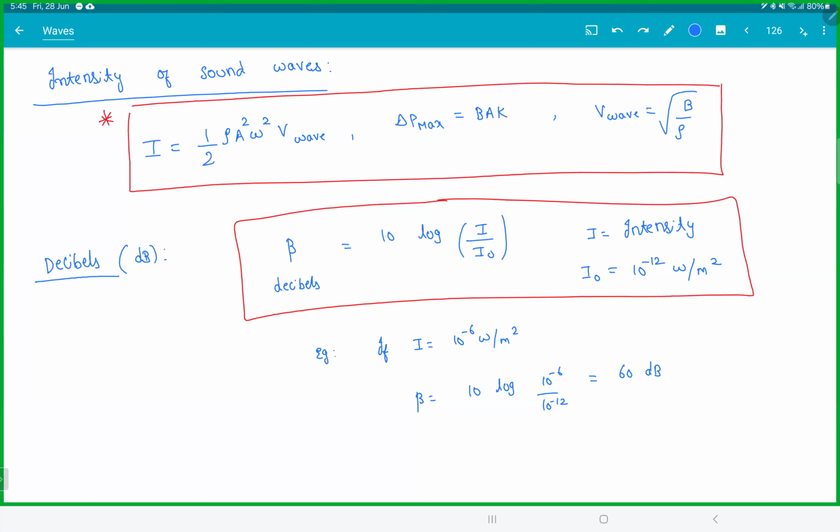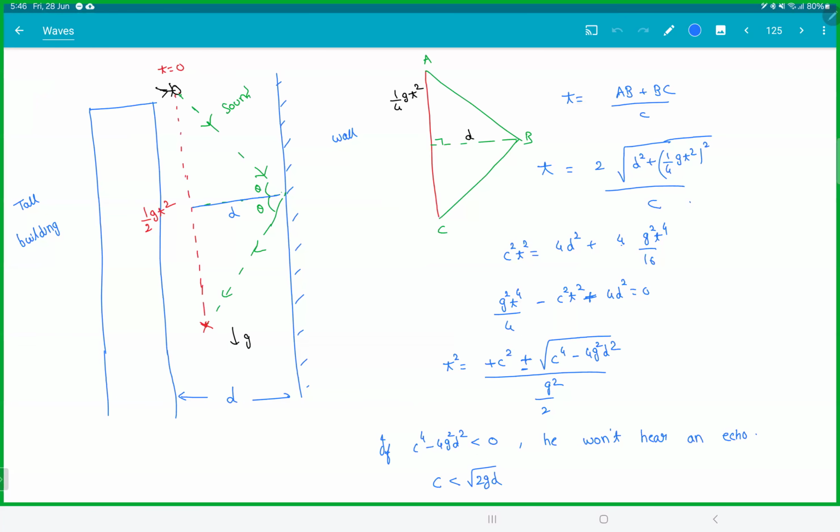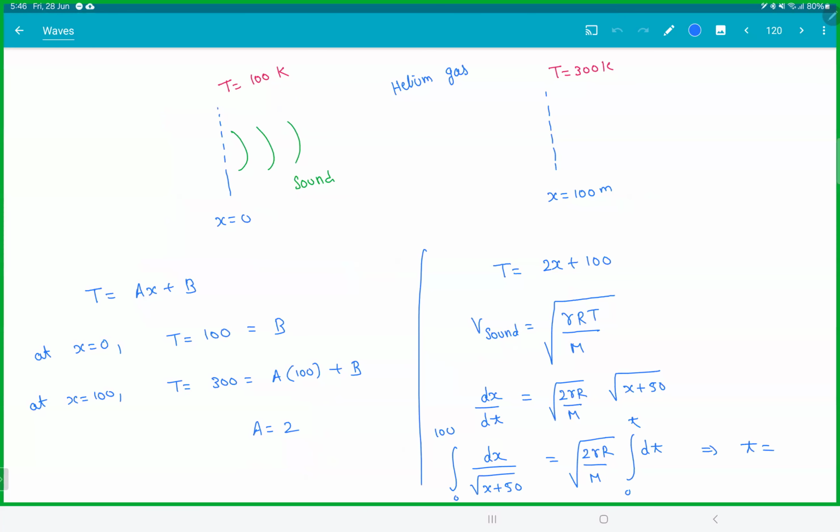So that gamma RT by M is specifically for ideal gas, basically sound in a gas. But this is a more general one. Now, in this, the questions would be like this. In air, we can use the gamma RT formula also, right? You need to give more data, temperature and all that stuff. We did that one question, where your temperature was varying with position.